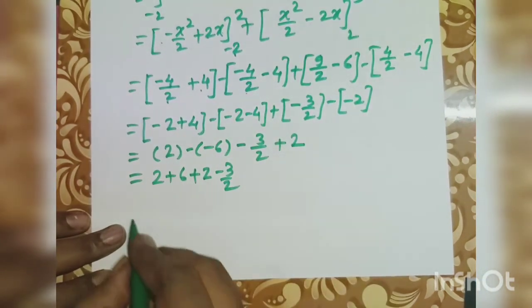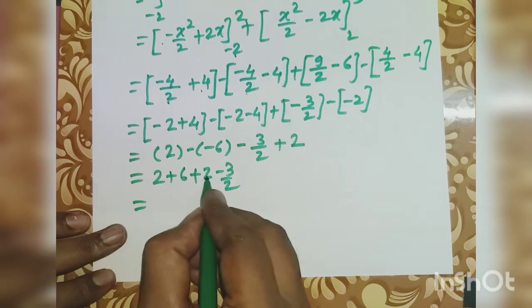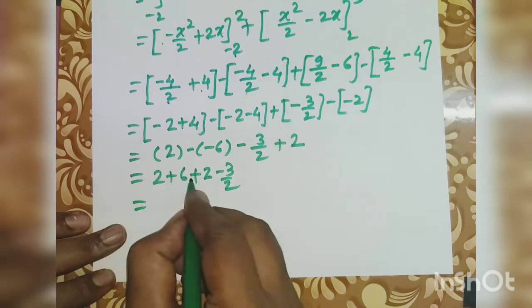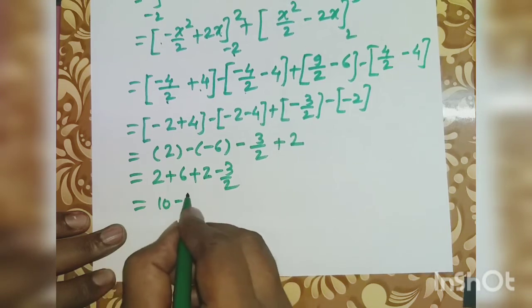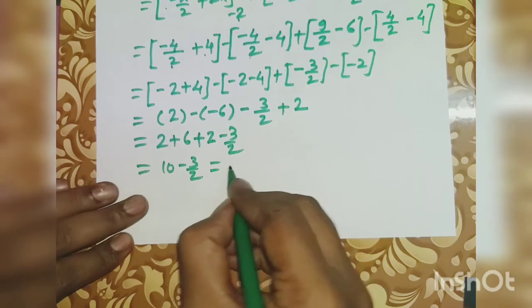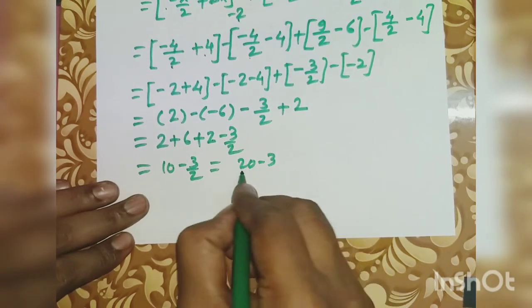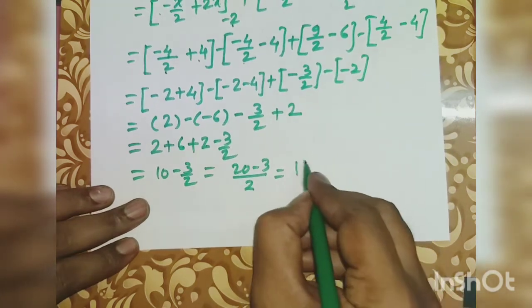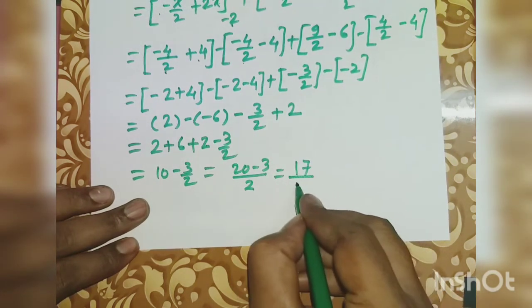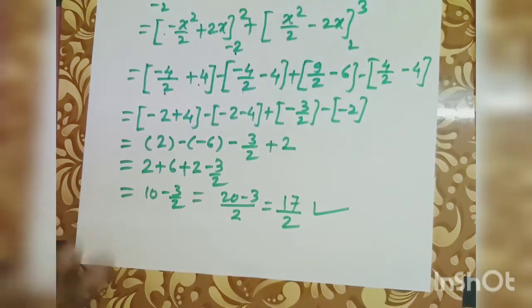Last term negative. 2 plus 6 plus 2 is 10 minus 3 by 2 is equal to 20 minus 3 divided by 2 is equal to 17 divided by 2 is the final answer.